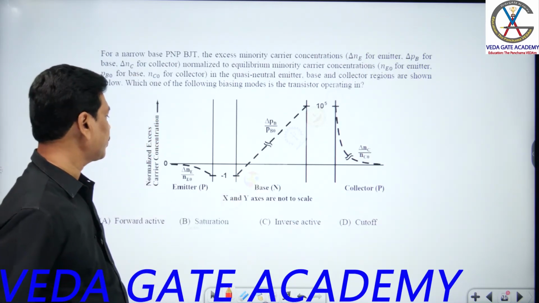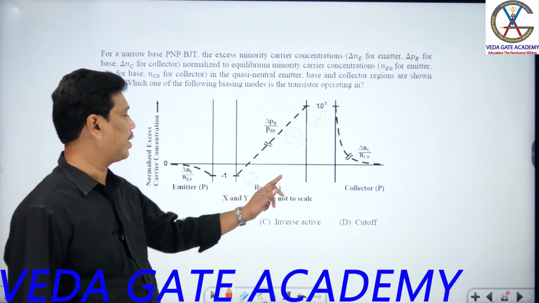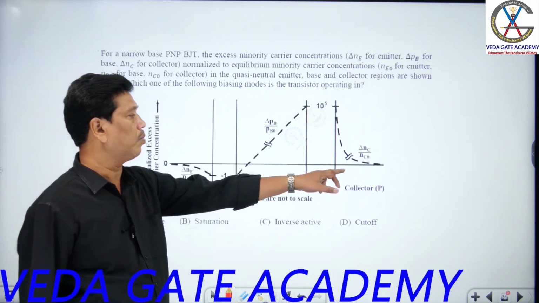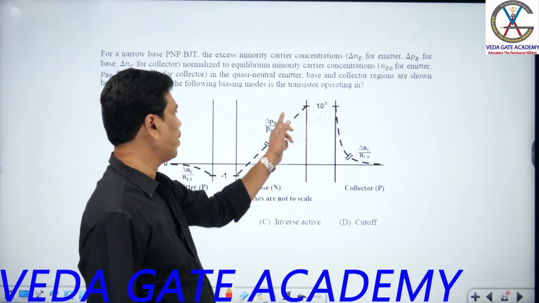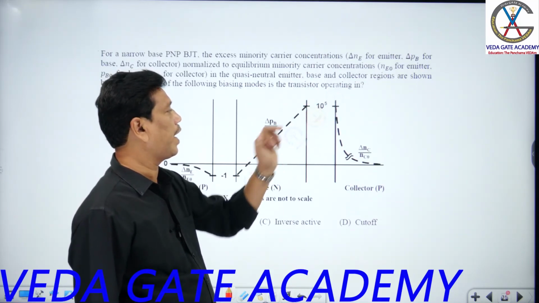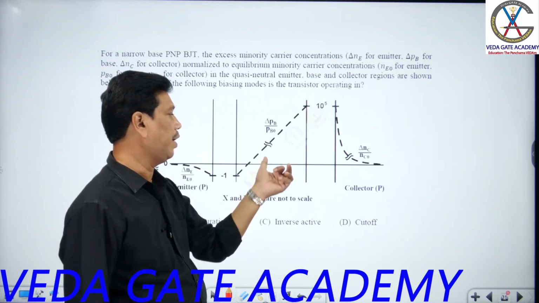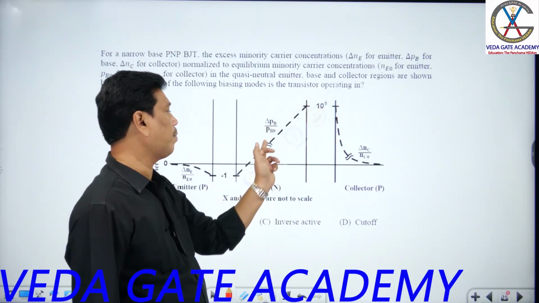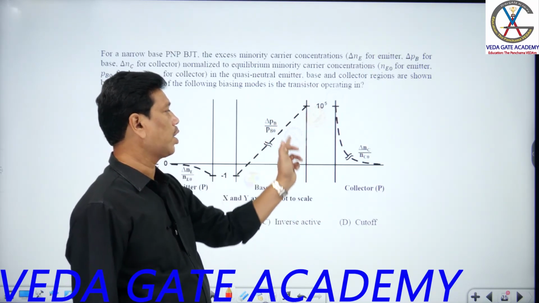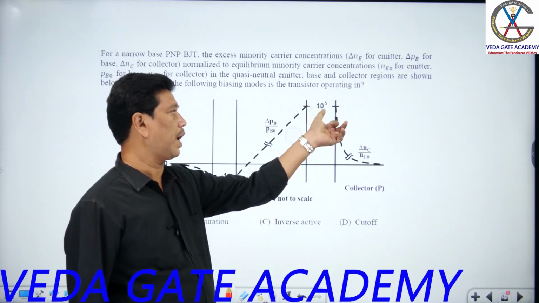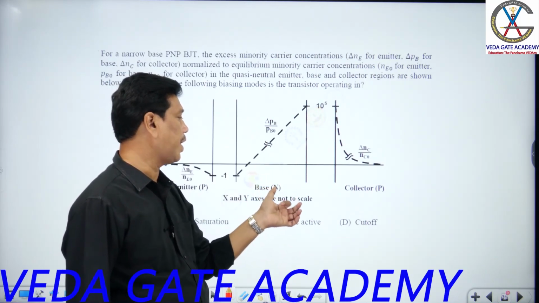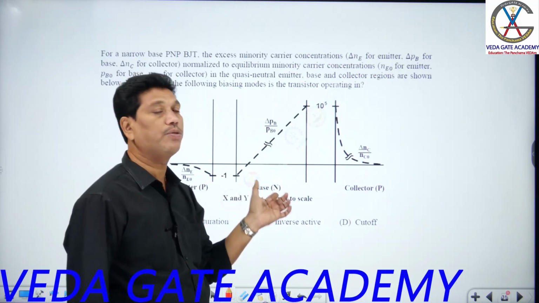So this is the emitter, this is the base, this is the collector, you can call. You observe now that from collector to base, the number of holes diffusing is very high. When more holes diffuse from collector to base, it means the collector junction is forward biased, and under that condition more holes can diffuse into the base.